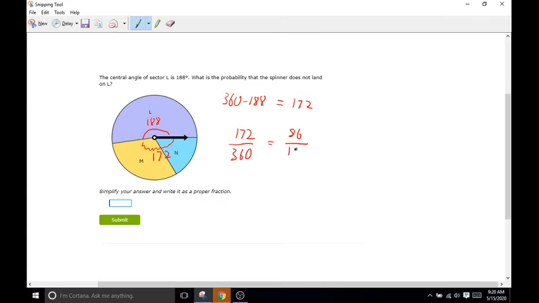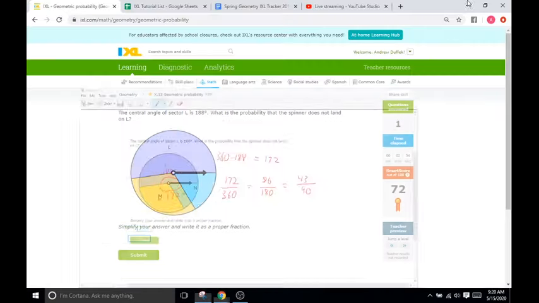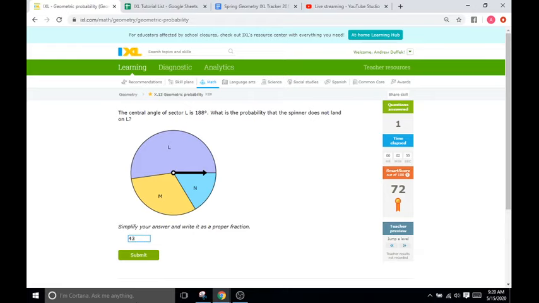Half of that's going to be 180. Okay, can we reduce it down further? Yes, we can. Let's do another half. Half of 86 is going to be 43. And then half of 180 is going to be 90, so 43 over 90. Can we reduce that down any further? Not really. 43 can't really be reduced down much easier. So we'll do 43 over 90.